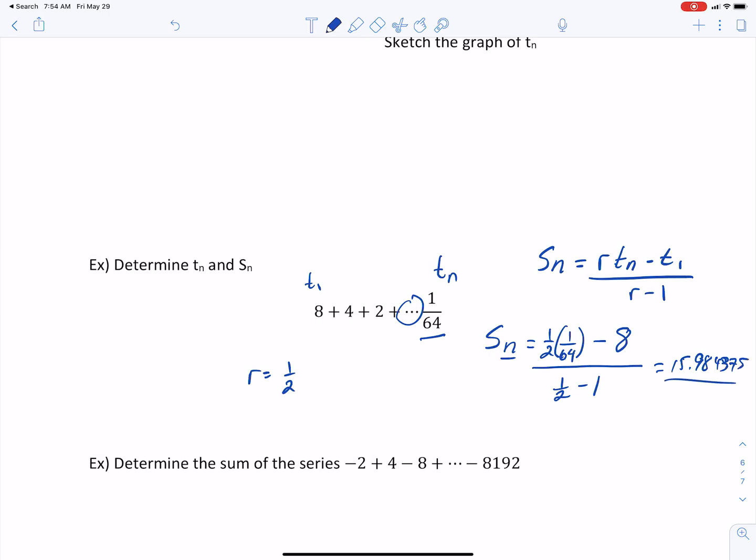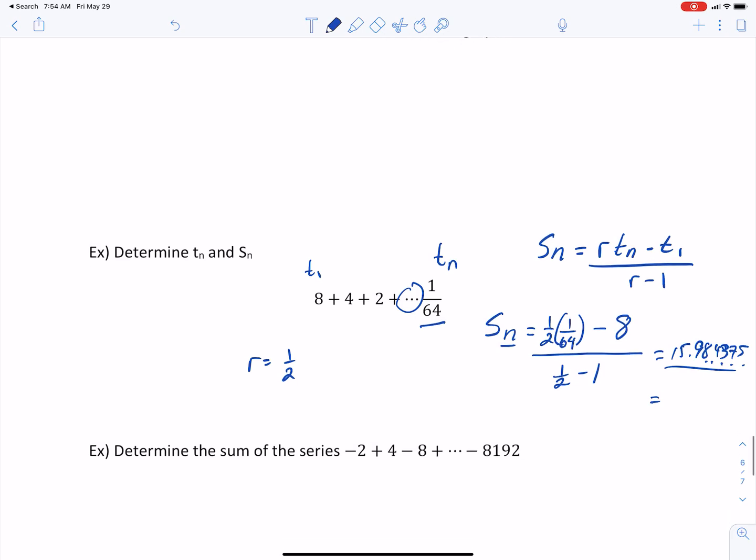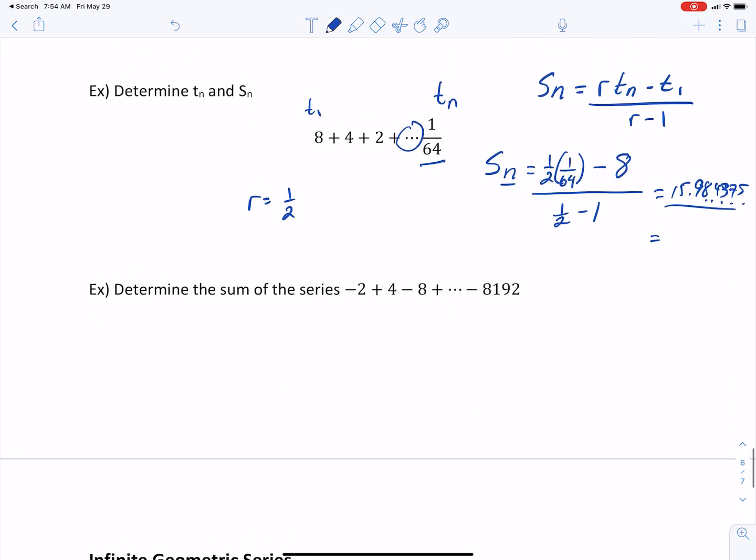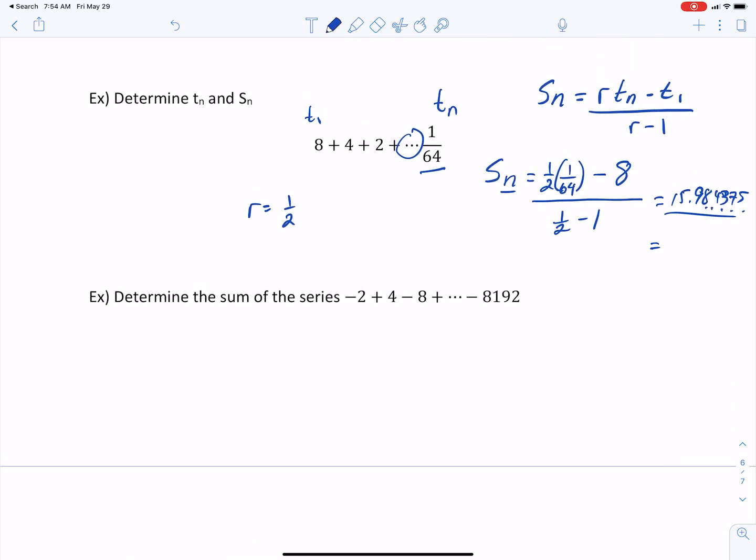So this leads into another topic, which we call an infinite sum, where we keep adding more and more and more and more pieces, and then at infinity, we can find the sum. And I'm guessing here it's probably going to be 16. We're just going to get ever closer to 16. So why don't you try this last question here, where we're practicing a very similar thing with the use of this formula.